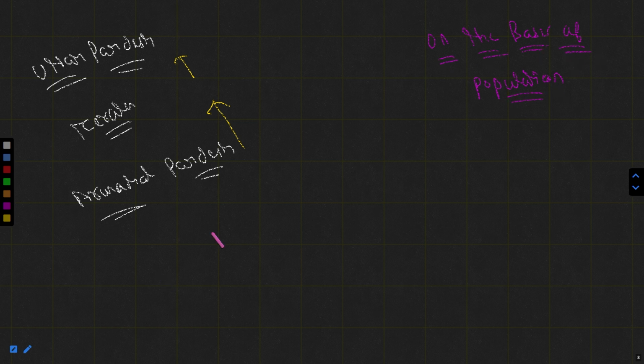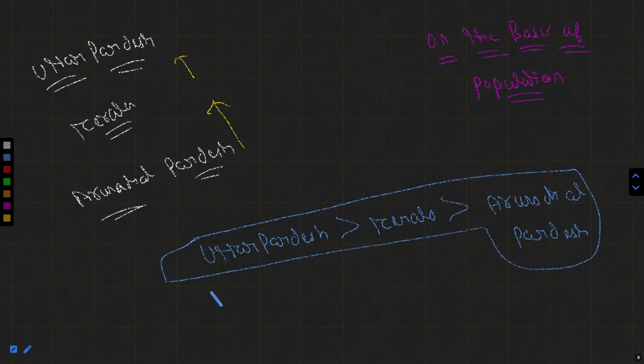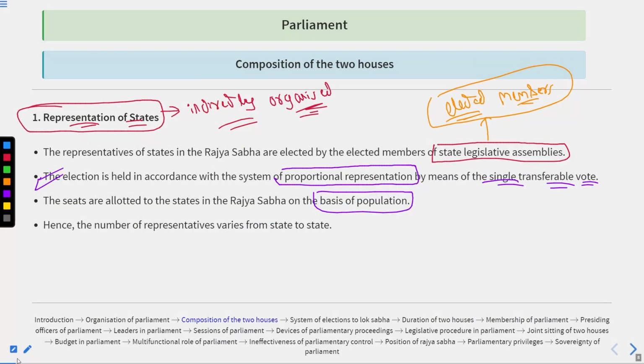So it is quite clear that the seats of Uttar Pradesh will be higher in number, then comes Kerala, and then Arunachal Pradesh. The more the population, the more the seats.